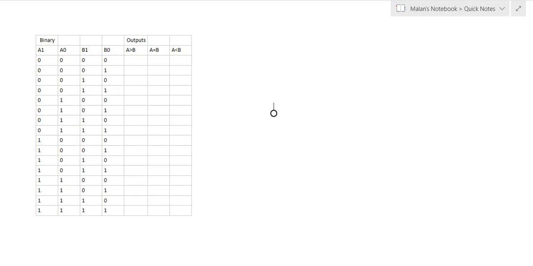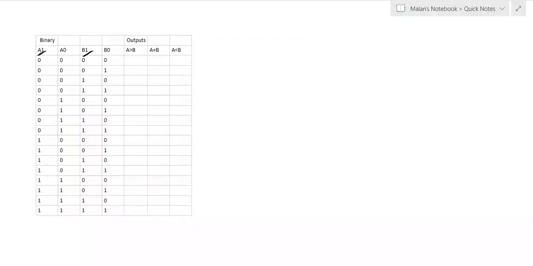Now here in this case, A1 and B1 are the MSB, most significant bits of the variables A and B. So first the MSBs are going to be checked. If the MSB of one variable is greater than the other variable, then that particular number is greater.